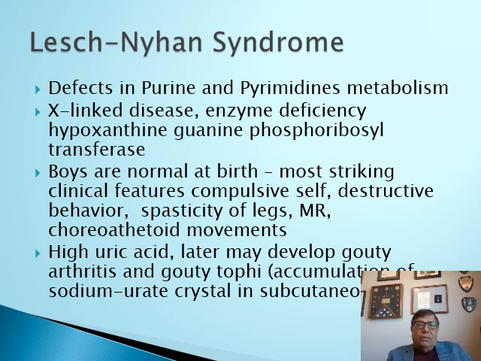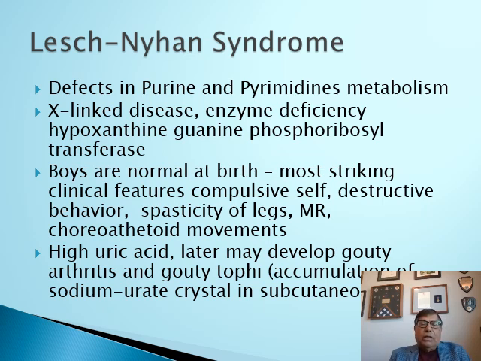In 1964, a medical student, Michael Lesch, and his pediatrician, Nyhan, at Johns Hopkins first saw two brothers who presented with the features that I have described in this slide.